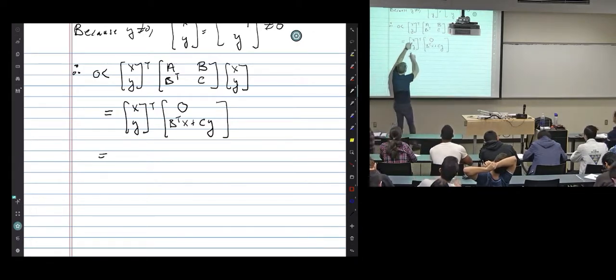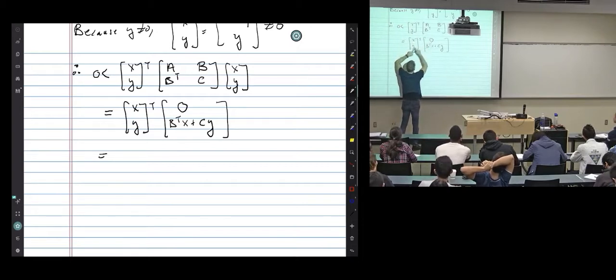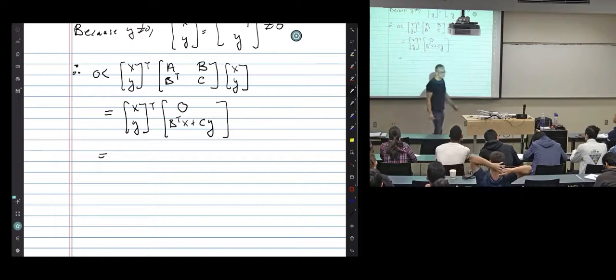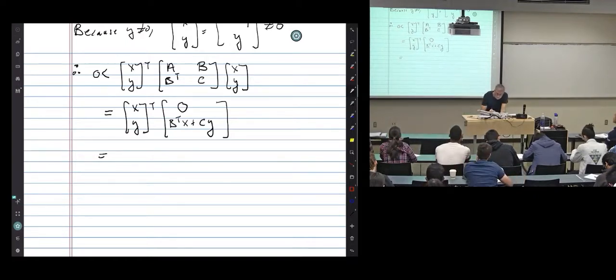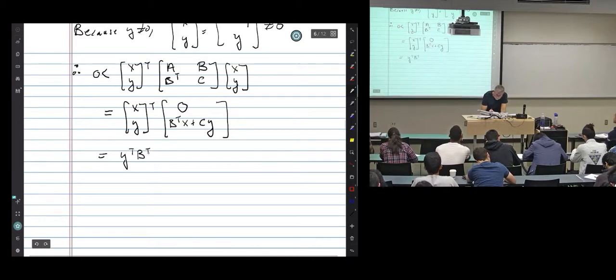Then x transpose times 0 plus y transpose times this quantity is what I get. So I get y transpose b transpose x plus y transpose c times y.